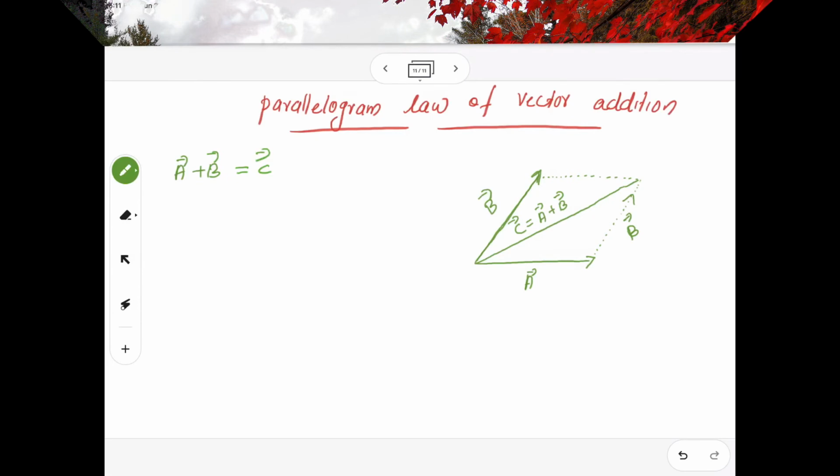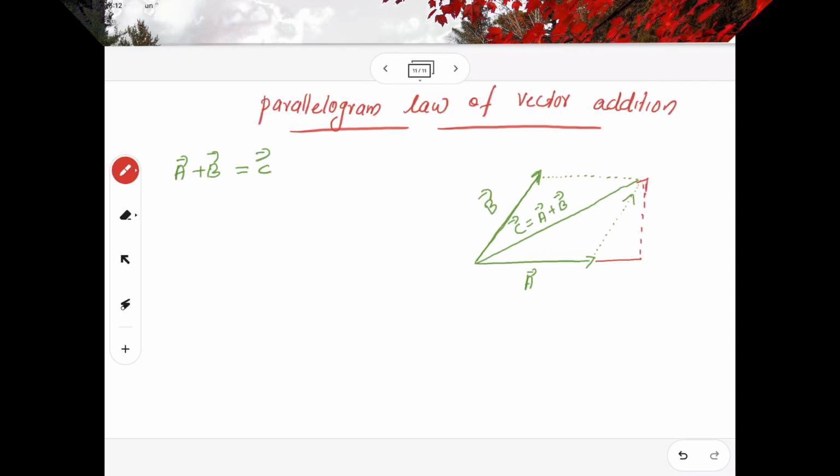That's all. Now let me redraw the diagram for the derivation of some other quantities. Extend vector A like this, and draw a perpendicular towards the extended portion of vector A from here.